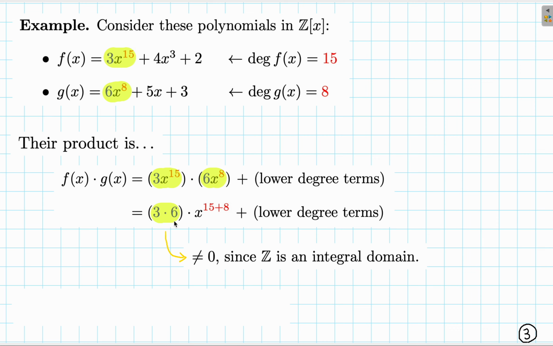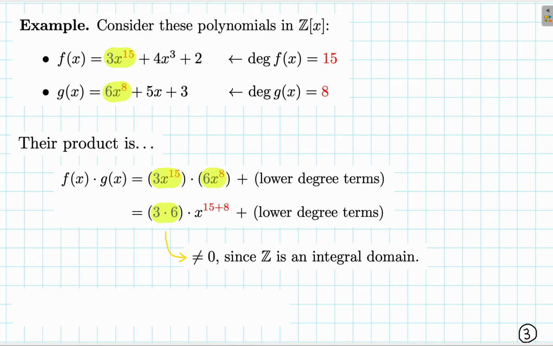Now here's the part that I like to highlight. 3 times 6 is not equal to 0 because Z is an integral domain. In other words, if we have a pair of coefficients that are both non-zero, then their product will also be non-zero because Z, being an integral domain, doesn't have any zero divisors.